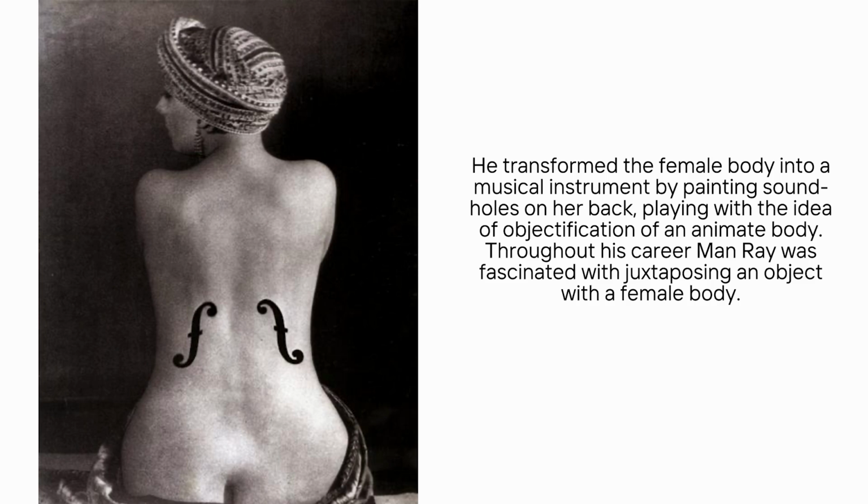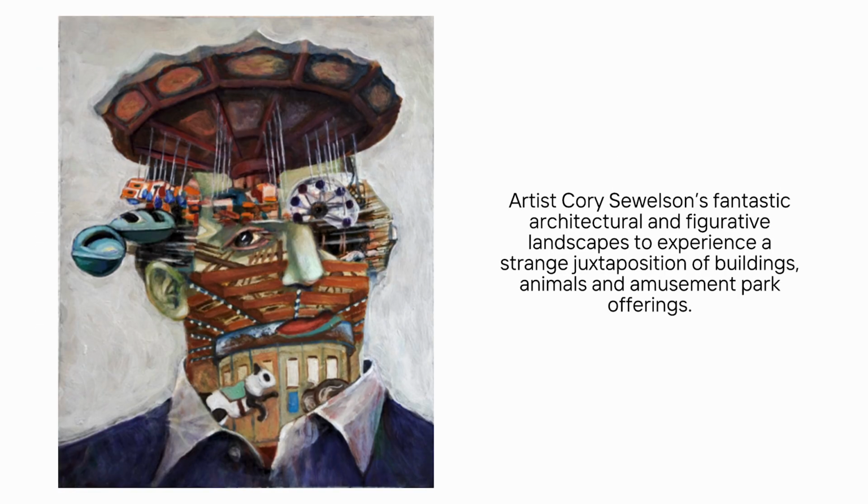Now, another piece that I found over the internet that I found really fascinating was by this artist, Corey Sevelson. Again with the names, but I do my best. Fantastic architectural and figurative landscapes to experience a strange juxtaposition of building, animals, and amusement park offering. Look at this image.